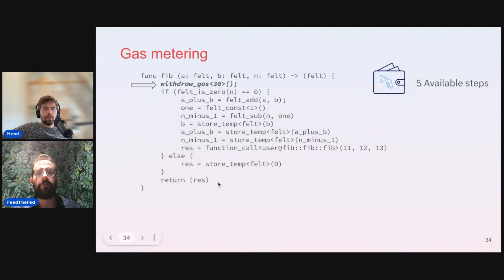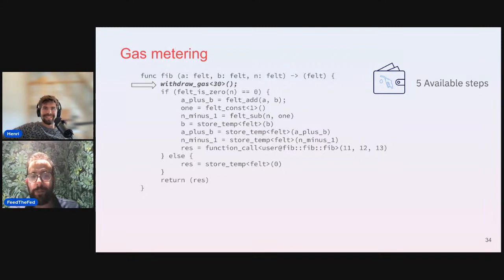Okay, I think it makes sense. I guess my question now is, does this mean that you can't update the price of opcodes or instructions later down the line? Very good question.